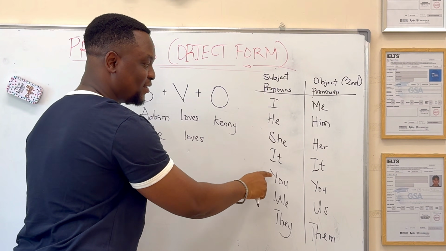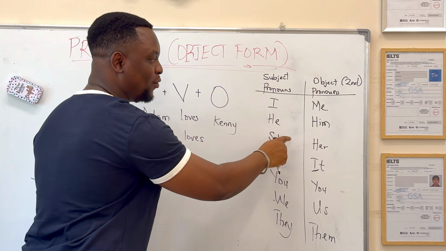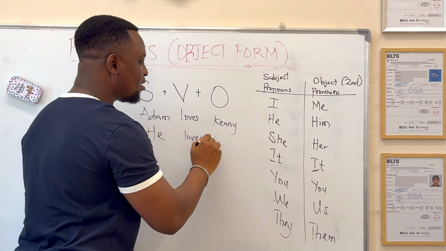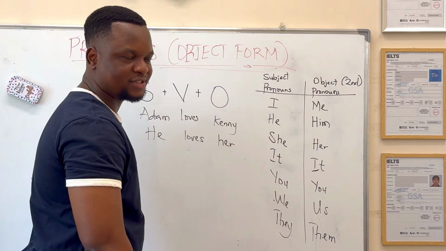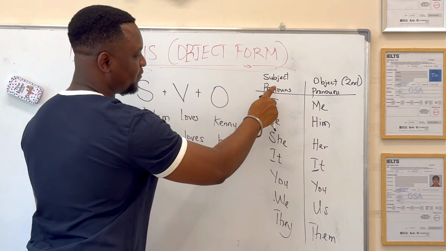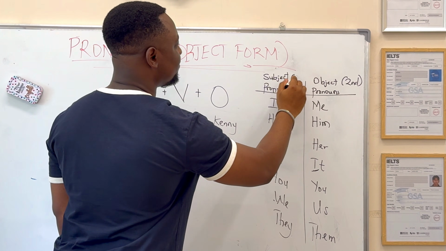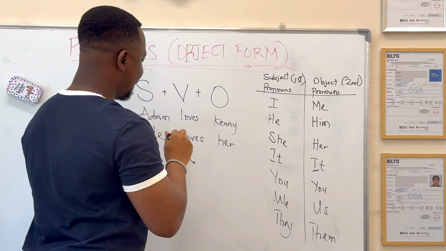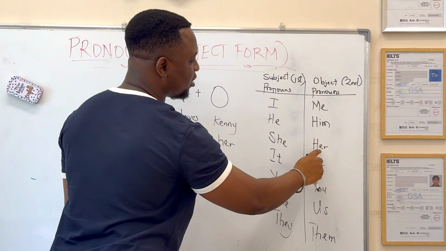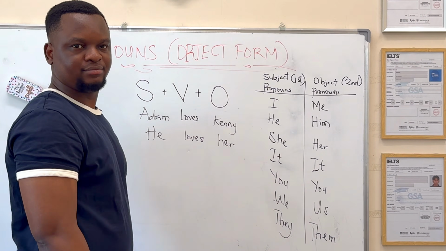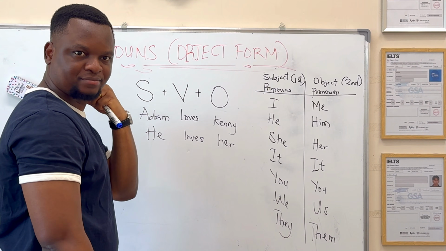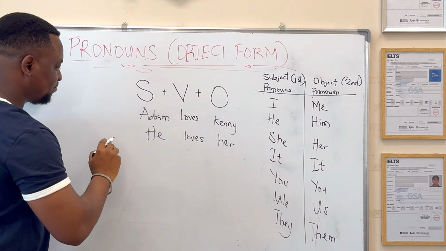Do we go with this? No, we go for her. Why? Because it's an object. The subject goes with the first person, and we go for the second, her. He loves her.